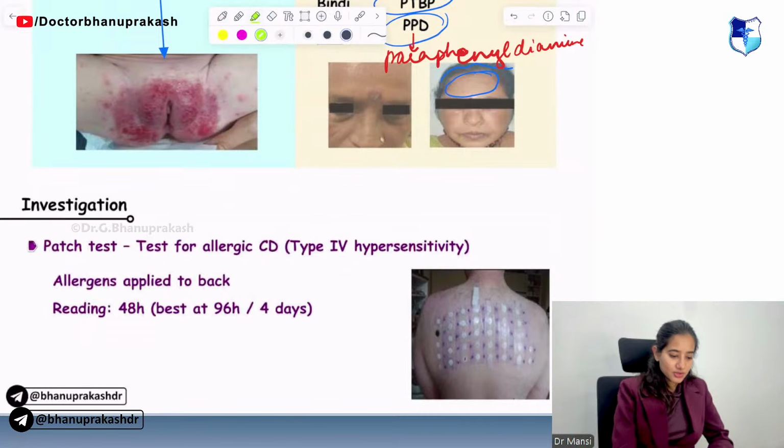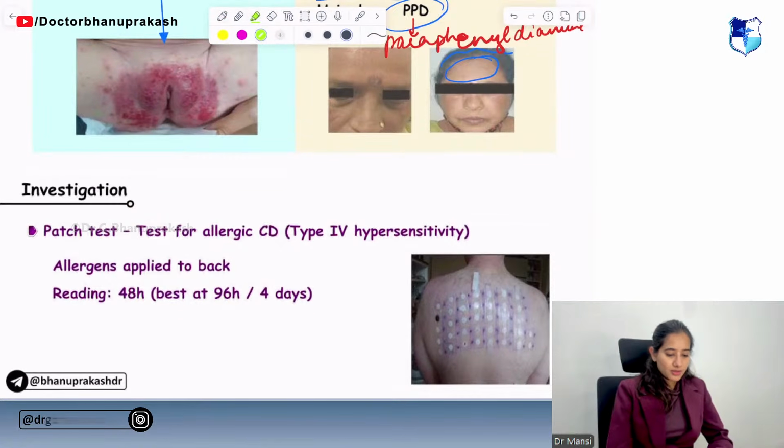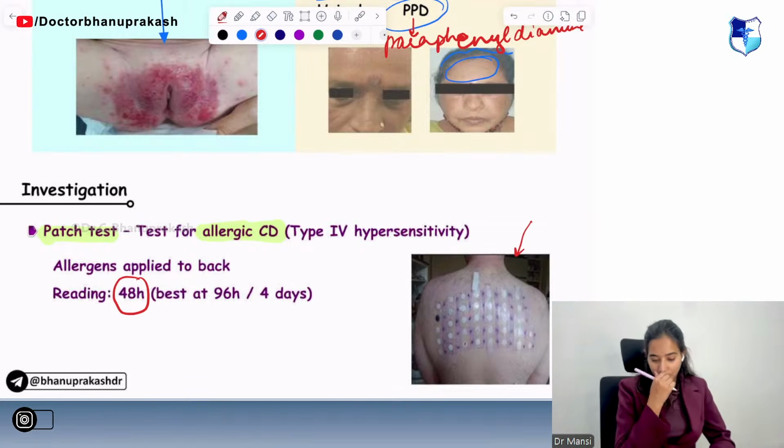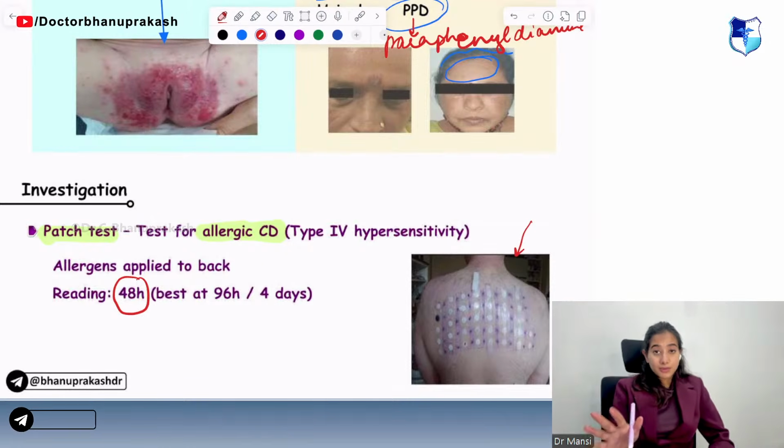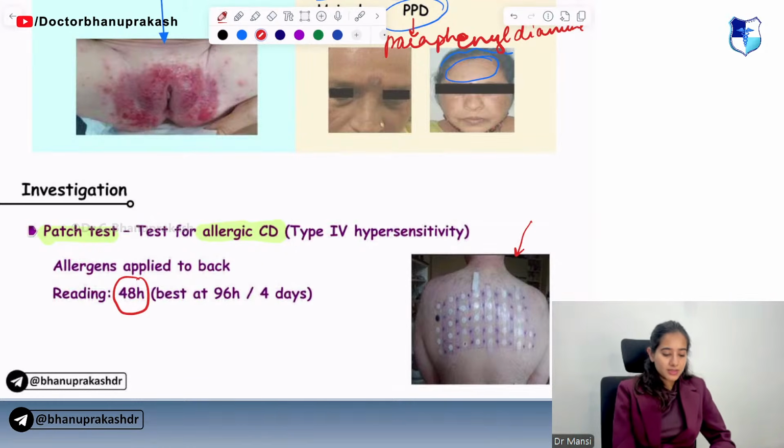Then the investigations. You can do a patch test for allergic contact dermatitis. You put the allergen and apply it to the back. They have asked it previously, giving this image and asking, when do you take the first reading? At 48 hours.